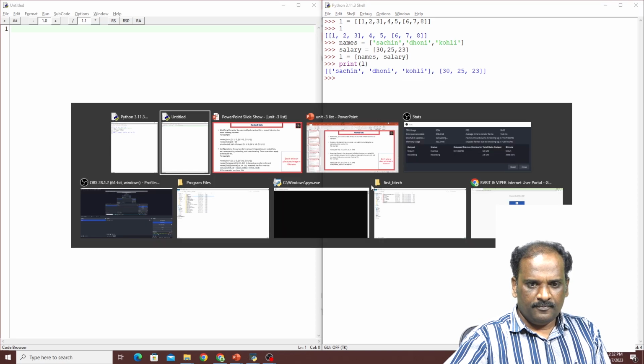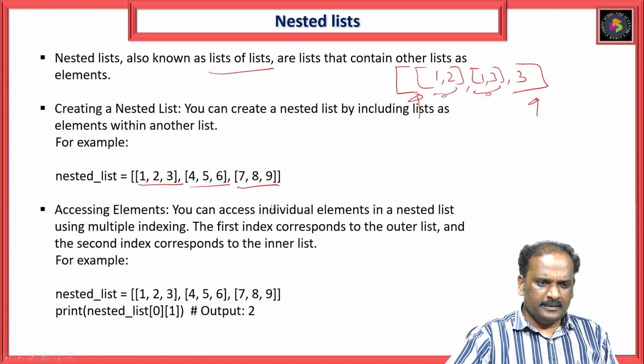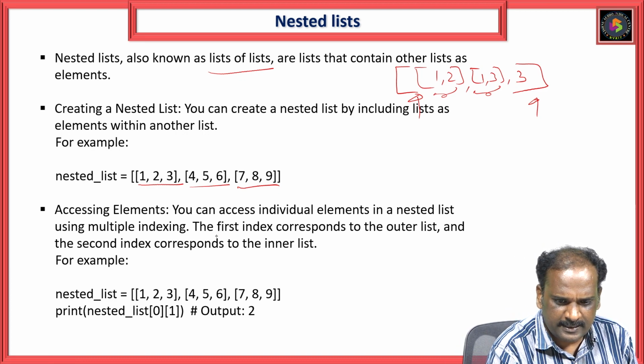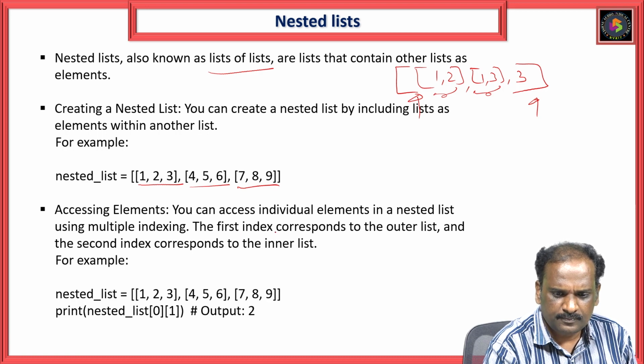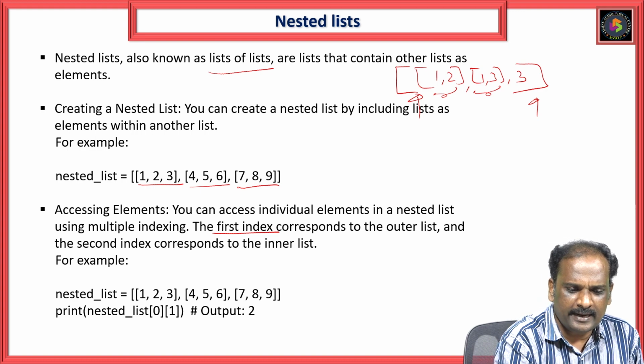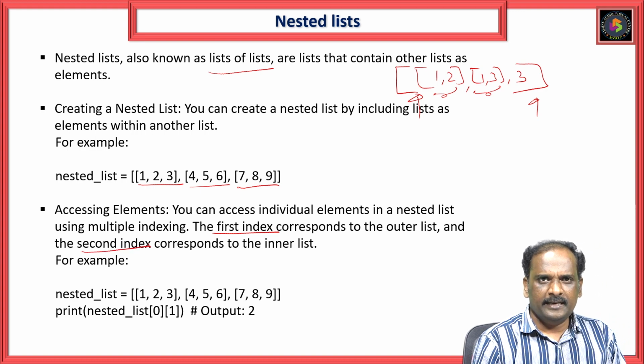Now, accessing the elements. You can access individual elements in a nested list using multiple indexing. The first index corresponds to the outer list and the second index corresponds to the inner list.